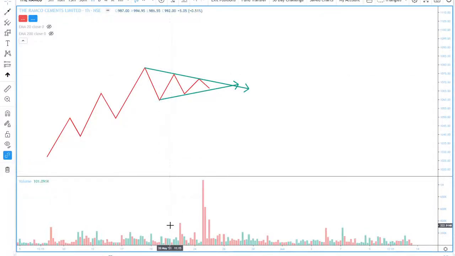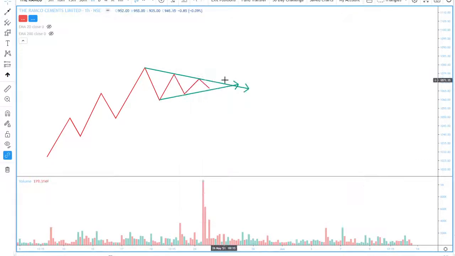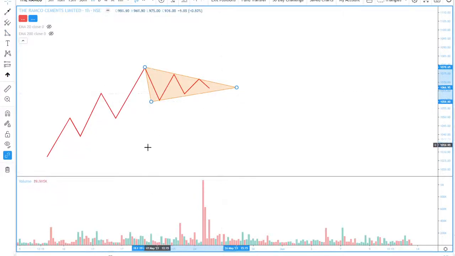That's what is happening there. To make it clearer, you can even draw it. Initially you could start by taking the triangle tool and drawing it. Basically you go there and then this, so it's kind of in a triangle.